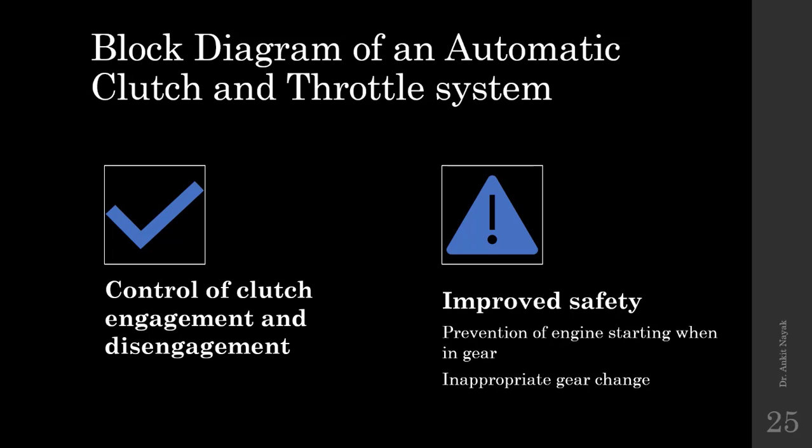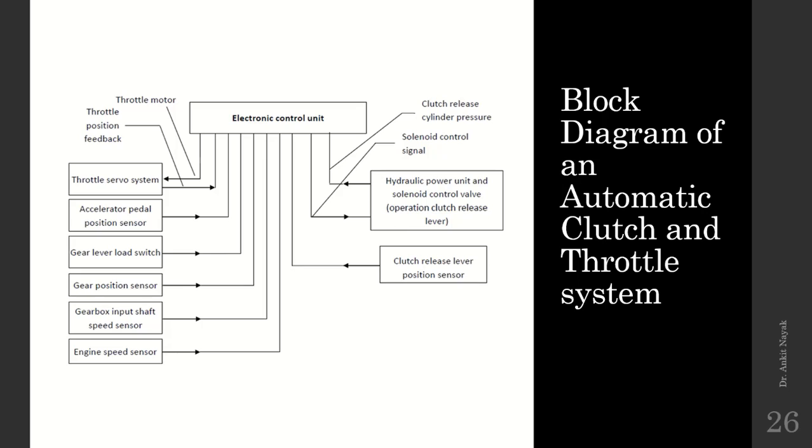So the block diagram of the automatic clutch control and the throttle system is the control of the clutch engagement and disengagement, with improved safety. This will improve the safety, and this system will control the clutch engagement and disengagement. Now the block diagram for the automatic clutch or the throttle system.